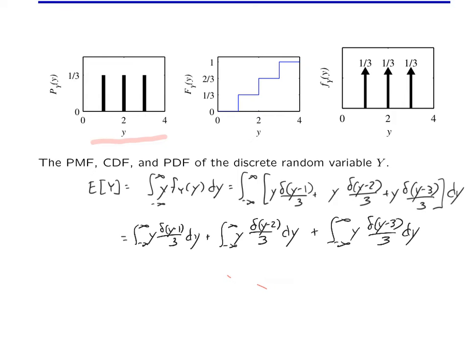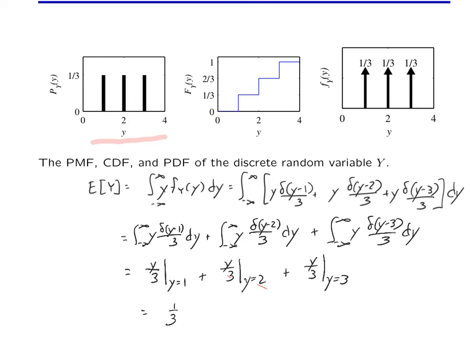And then for each of these integrals, we can use the sifting property, right? Where the first integral is the value of the function that multiplies the delta, y over 3, at y equals 1. And the second is y over 3 evaluated at y equals 2. And the third integral is y over 3 evaluated at 3.